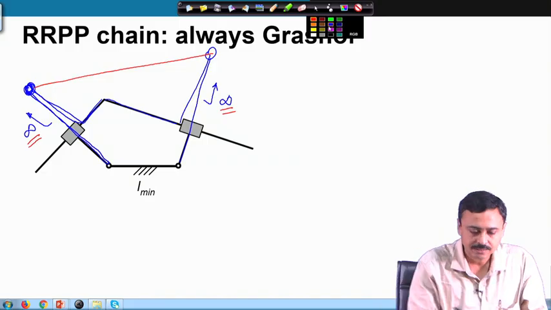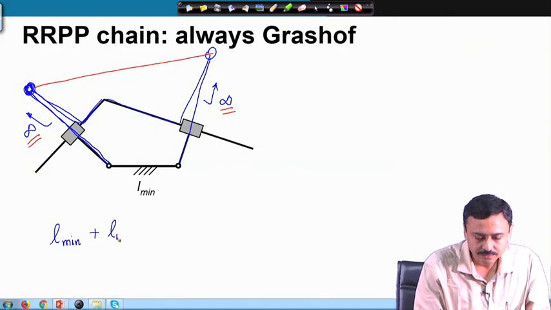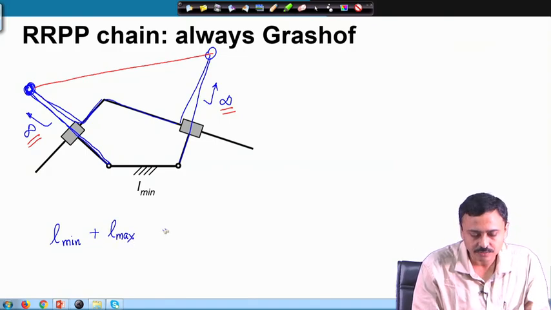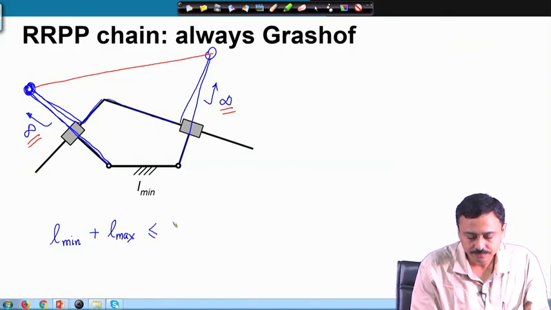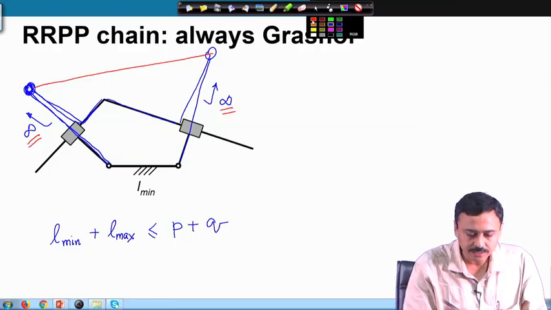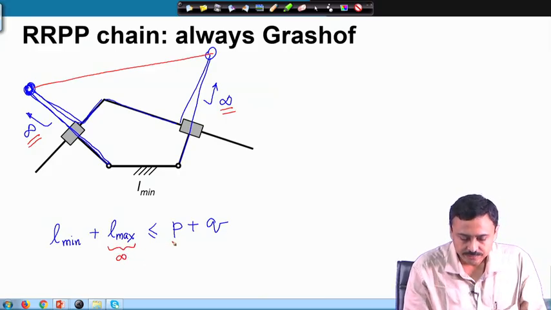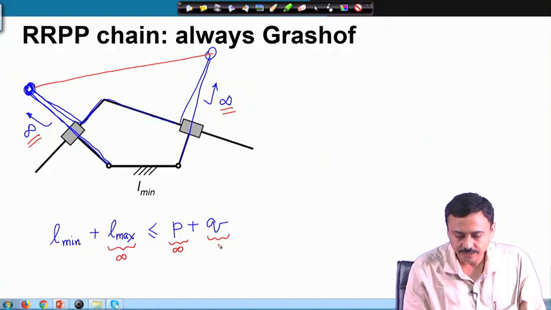In that case, let me first rewrite the Grashof criterion for a 4R chain. L max is definitely infinity, and the other lengths are also infinity.